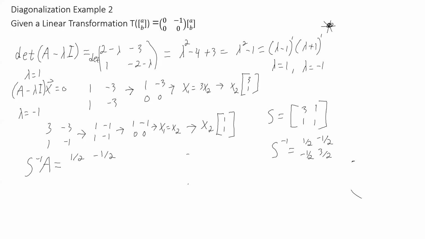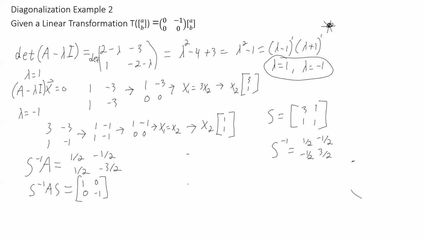And then when we multiply by the additional S, that comes out to be 1, -1 along the diagonal, and then 0, 0. And 1, -1, notice that's the same as our eigenvalues. That's just more verification that we did it right.